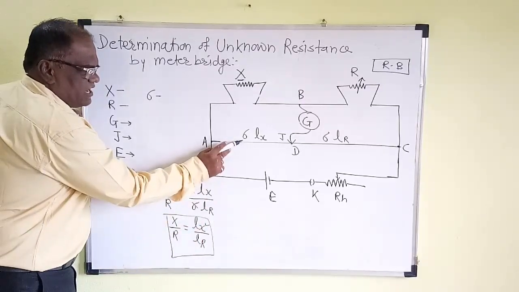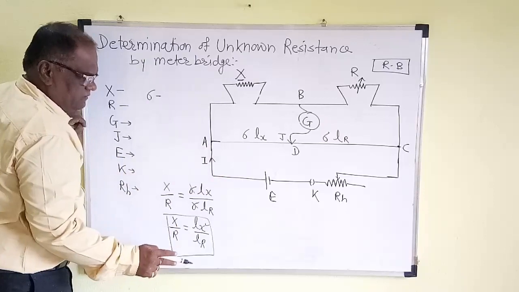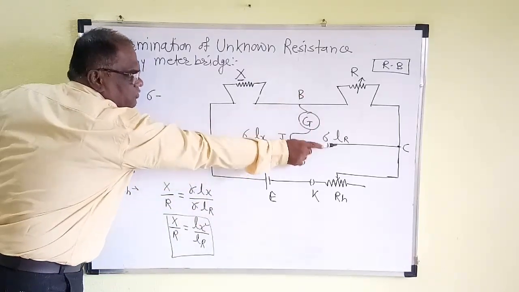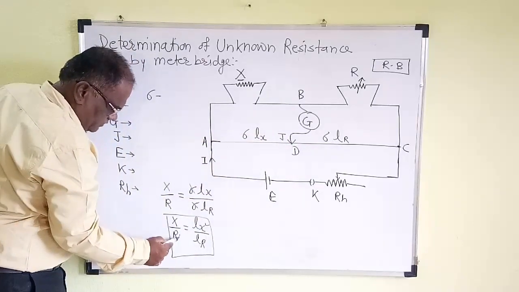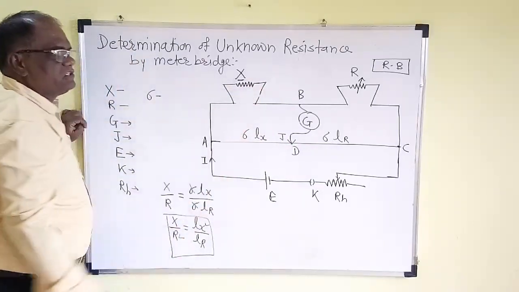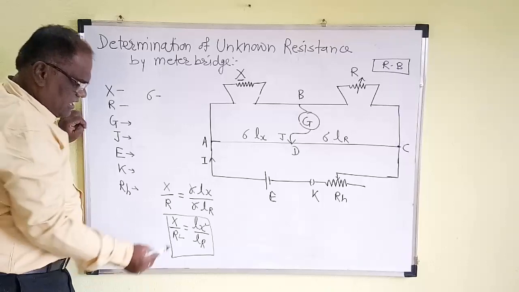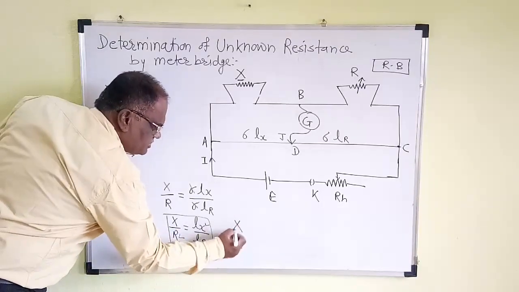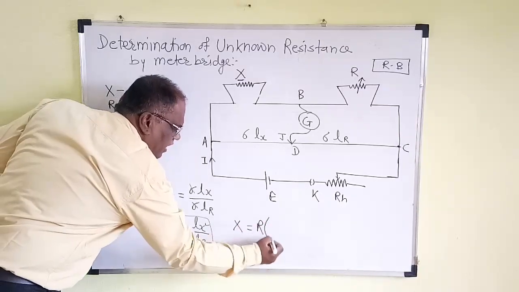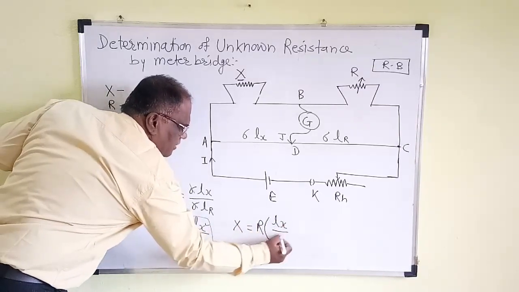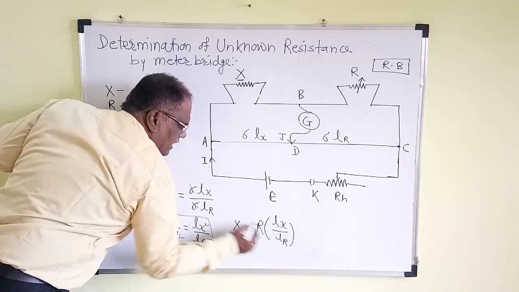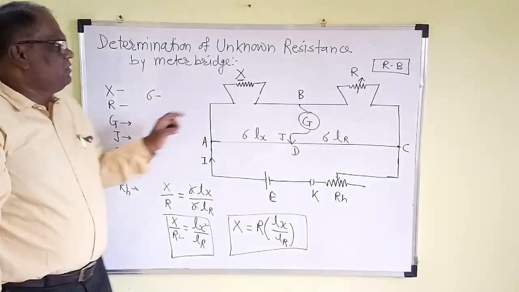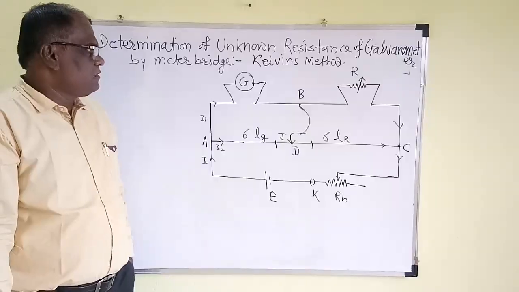This can be measured directly with the help of meter scale. Lr, length of the wire opposite to known resistance. R, known resistance from the resistance box. And thus, by using this equation, X is equal to R multiplied by Lx upon Lr, we can easily determine the value of resistance X.